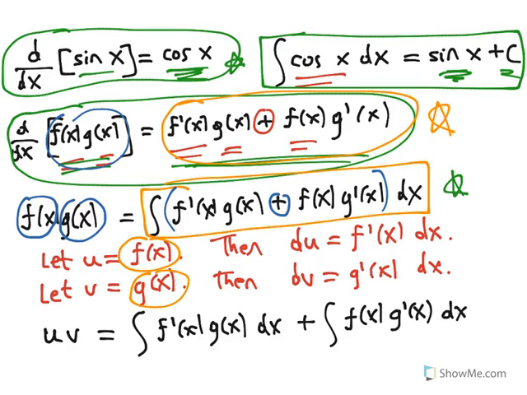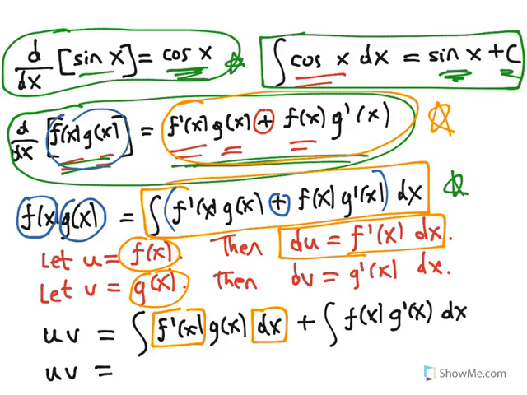So now we'd like to rewrite the right side of the equation that we have. The left side is uv, and on the right side, take a look at what we have here. We have f prime of x dx, and f prime of x dx, if you look over here, is du. And g of x is v.